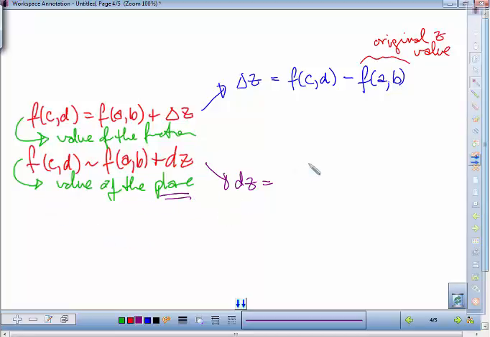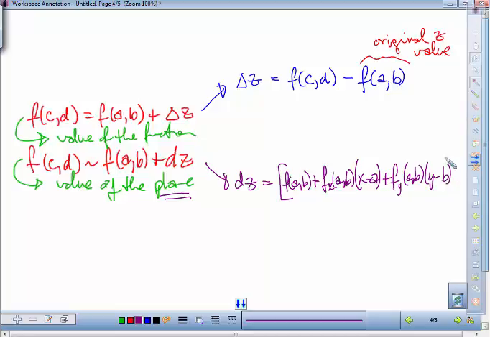So the tangent plane, I'm going to write this over again: f of AB plus fx AB times x minus a, plus fy AB times y minus b.